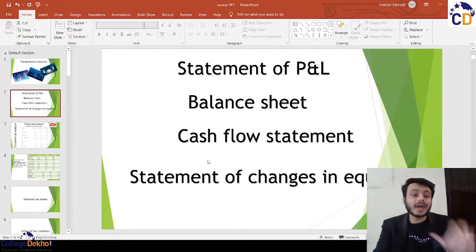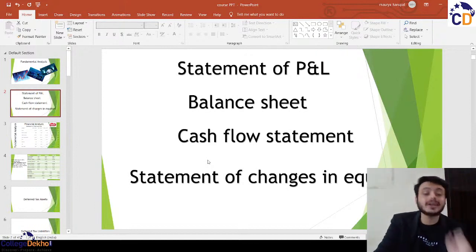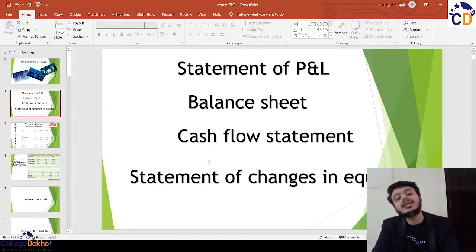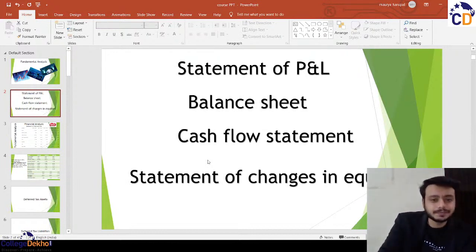Now, we do not have time to calculate the free cash flows, but I will tell you why the free cash flows, which can be obtained from the statement of cash flow, are so important as compared to the statement of P&L. Right? Let's take a small example.